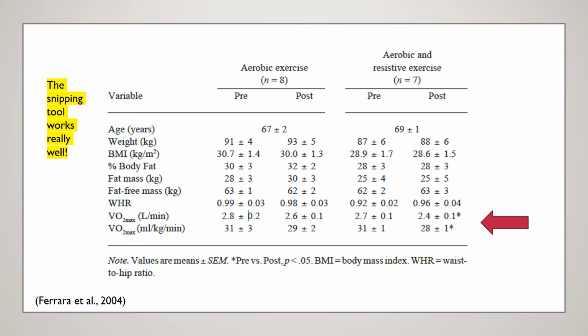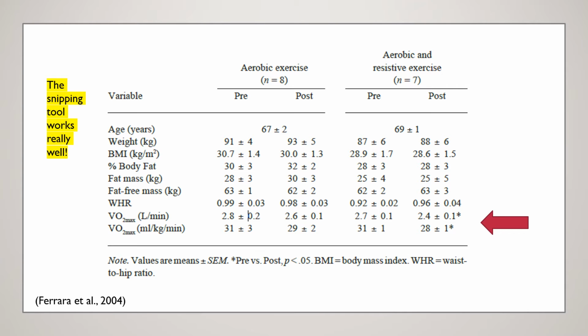Recall that both groups have already been training for 6 months, and so they have a comparable VO2. The only difference is that pre-post, the resistance and aerobic exercise group had a significant change in VO2 max, and you'll see that it actually went down, right?